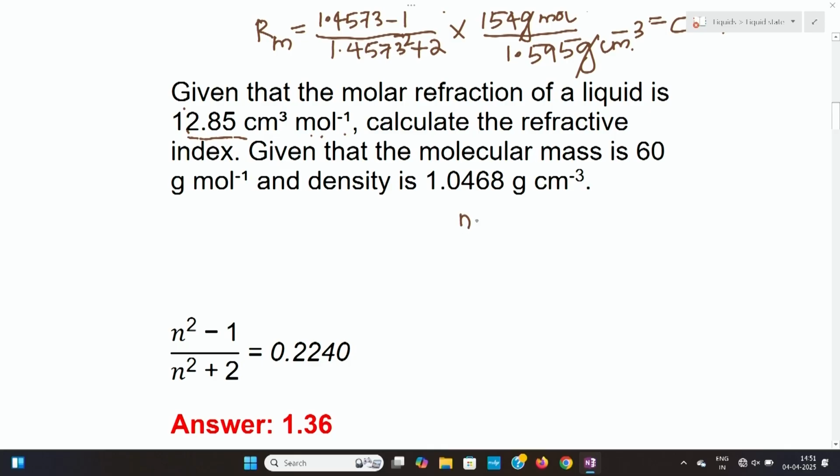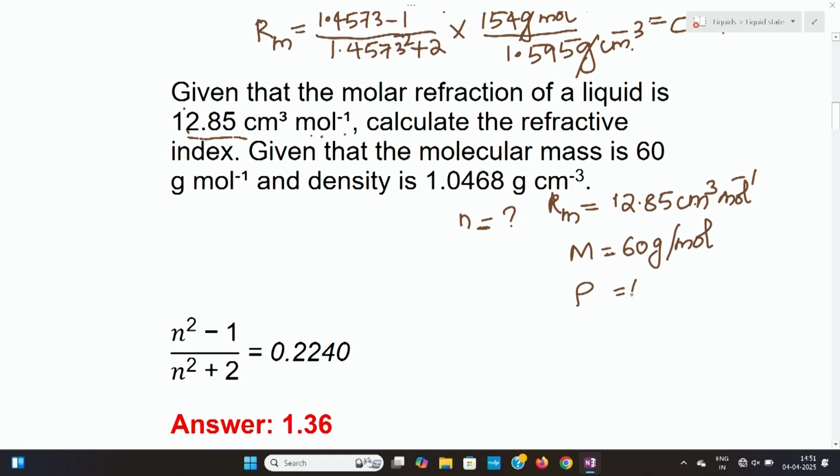Here we have to find the n value, and they have given Rm, that is molar refraction of a liquid, 12.85 centimeter cube mole inverse, then the molecular mass M is 60 gram per mole. Density is 1.6468 gram per centimeter cube.